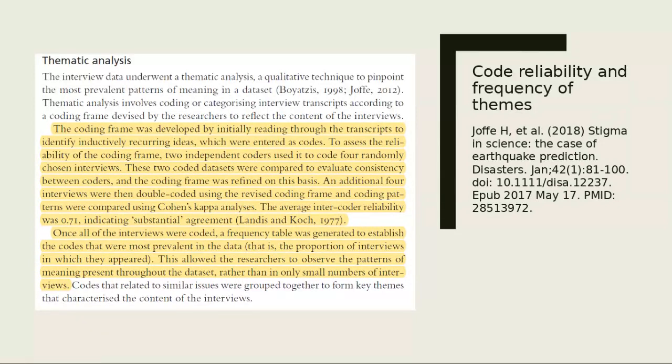And in the second paragraph, they say, once all the interviews were coded, a frequency table was generated to establish the codes that were most prevalent in the data, that is, the proportion of interviews in which they appear. They didn't show it in this paper, I don't think, but it's quite traditional. You will see in this type of approach a table with all the codes and how many times they appear next to each.